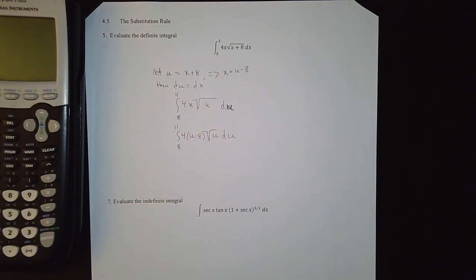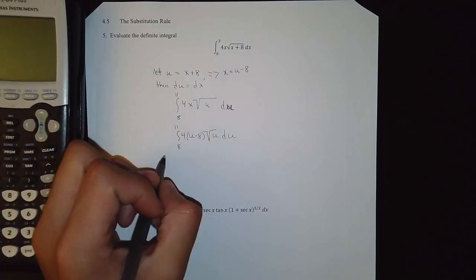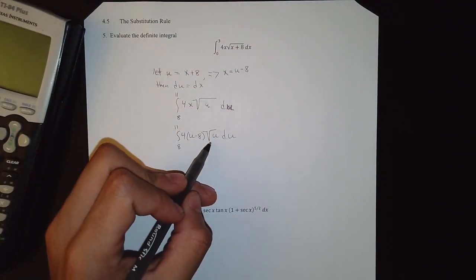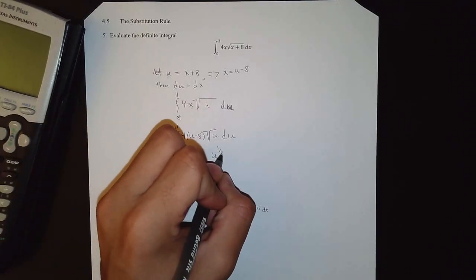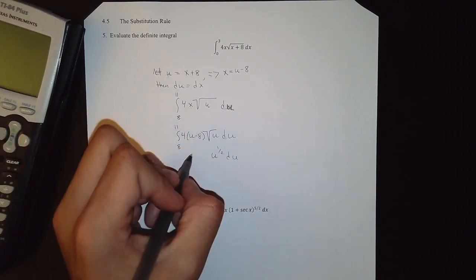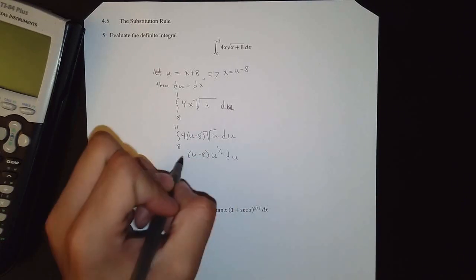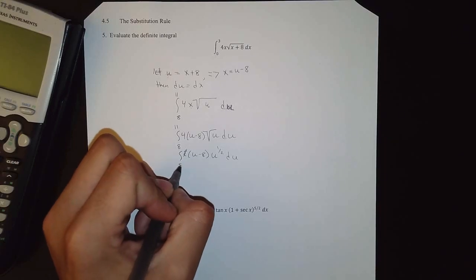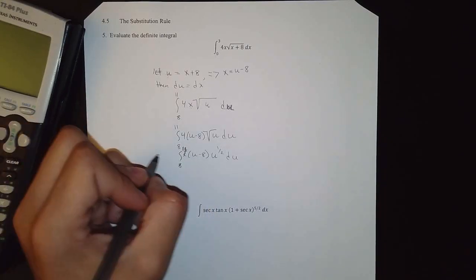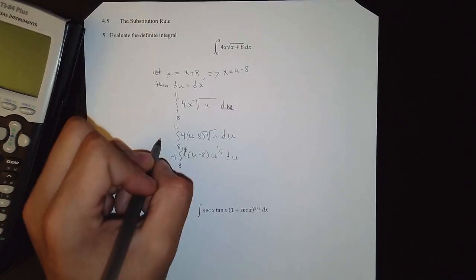Now we have a somewhat easier integral to deal with, and I know that the 4 is a constant, so I can move the constant out, which I am going to do. I'm also going to rewrite the square root of u as u to the 1/2 power, and this is the same as u minus 8. I keep my integral the same from 8 to 11, but on the outside I'm moving the 4.